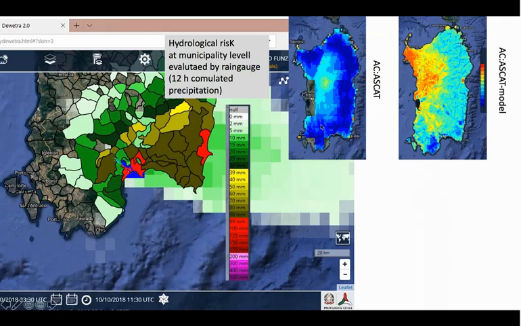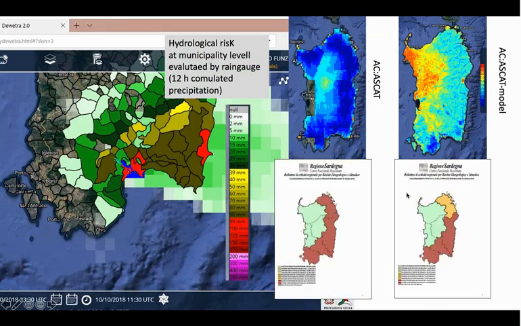At the same time, we had the antecedent condition related to the soil, with very wet conditions in that part, and this is the reason that we provided this bulletin in the first hours of the event. So from the beginning of the day, thanks to the precipitation estimation and the soil antecedent condition, we provided an early warning to that red region.